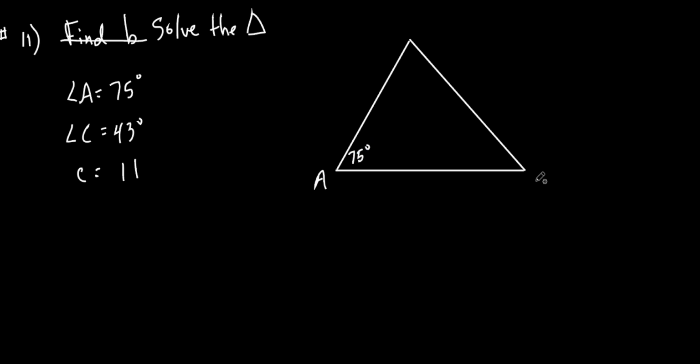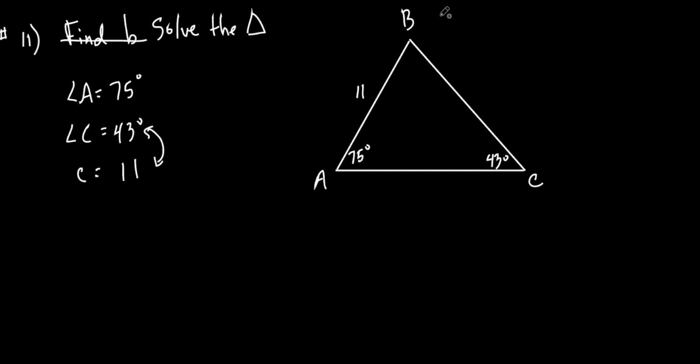We'll call this one C. That's 43 degrees. We can find that one easy, can't we? So what letter is that going to be? It's going to be B, right? And C, where's C? That's 11. Remember, the C, the 11 has to be across from the 43. Everybody see that? That's very important that you make sure you set it up like this. Doesn't have to look perfect, just good enough so you can see what you're missing and what you need to find.